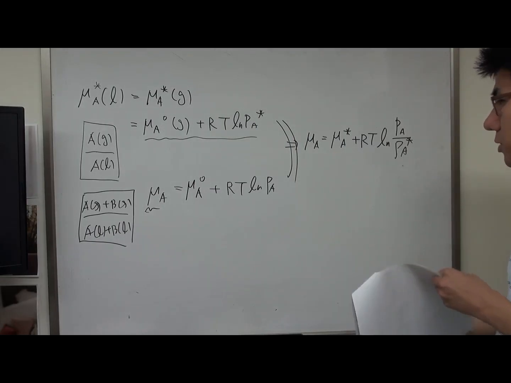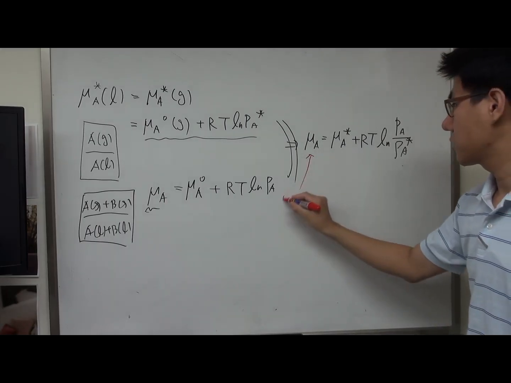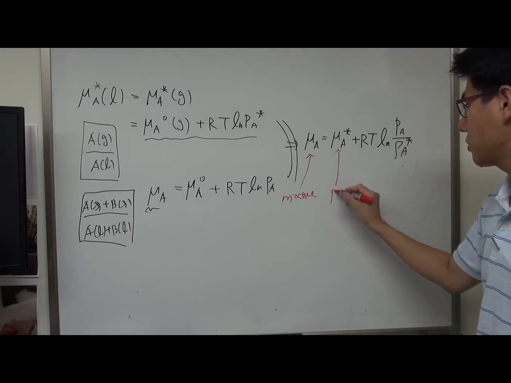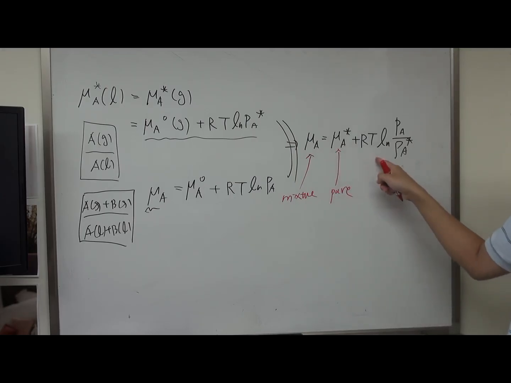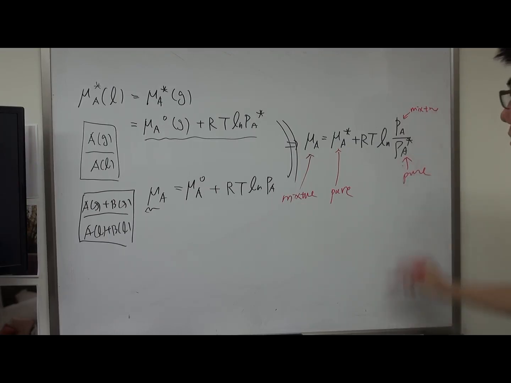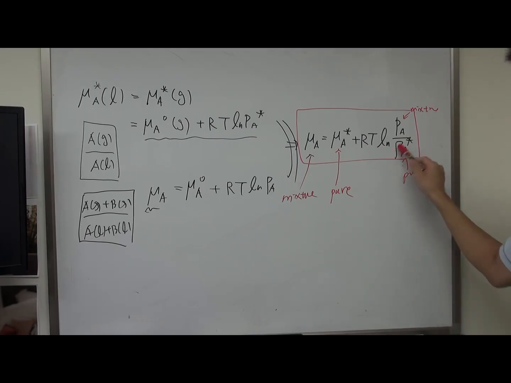This is the chemical potential of A in a mixture. Chemical potential of A in pure form plus RT ln the ratio of vapor pressure in a mixture and in pure form. Okay, this is the general expression to describe the chemical potential of liquid. Very important. You have to memorize this expression. Okay?